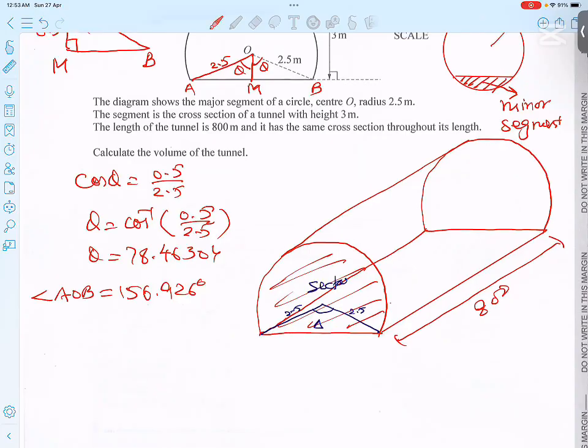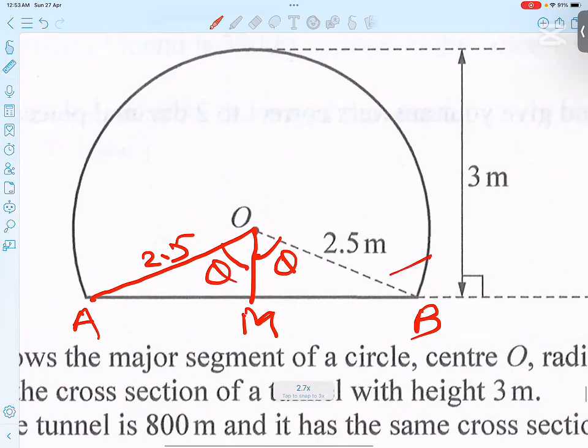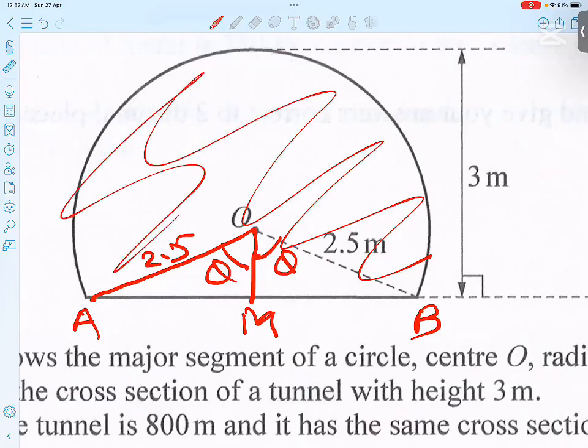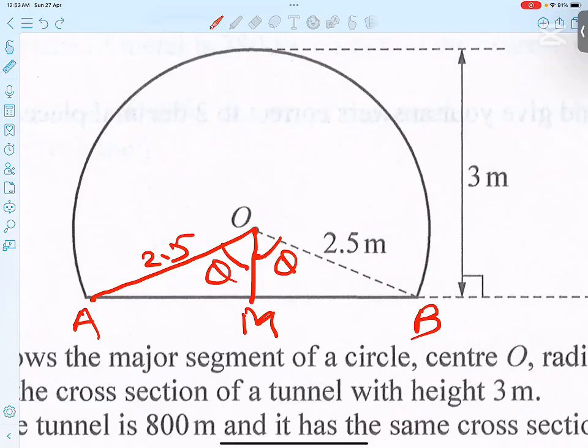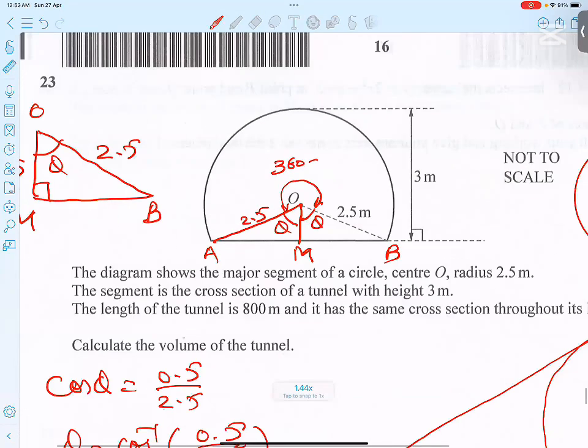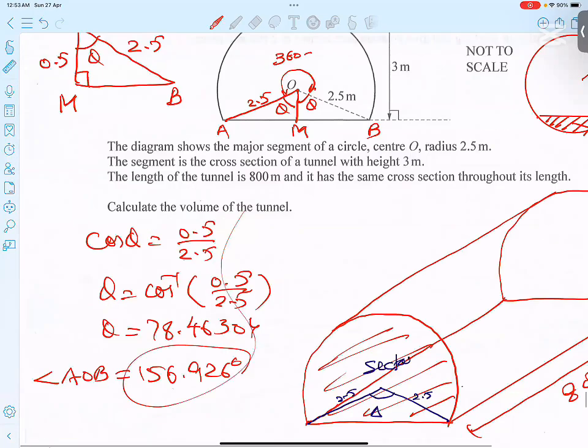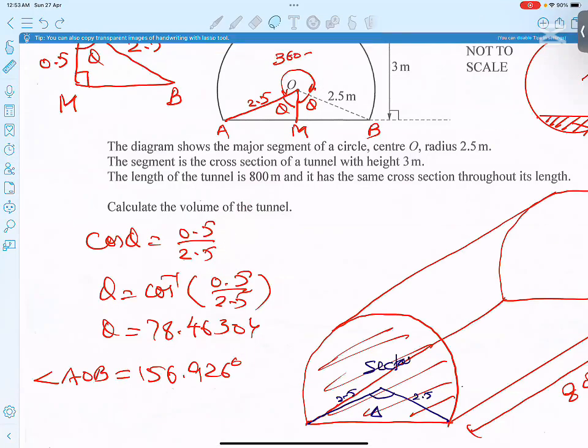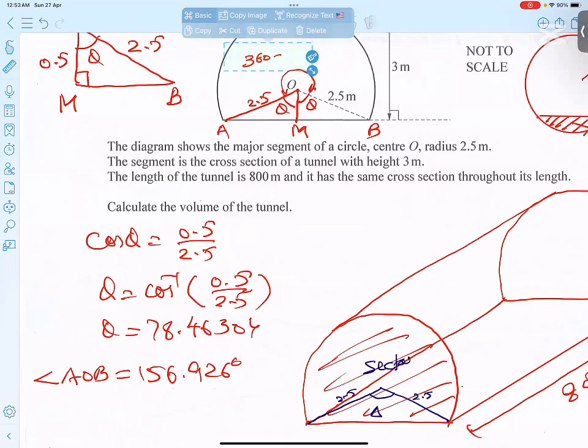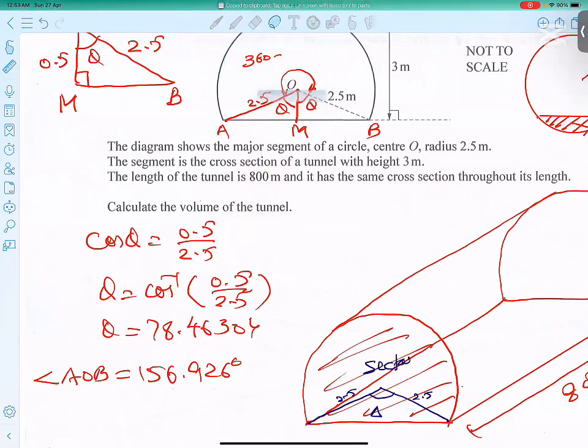What is the angle problem with the sector? Because the upper part is the sector, students. I can't use this angle for the sector. I have to use this other angle. How to find it? 360 minus 156.926.